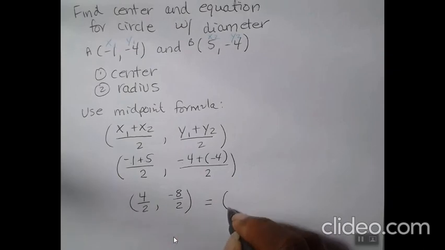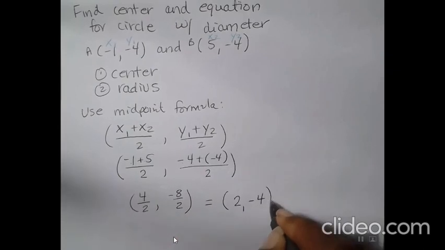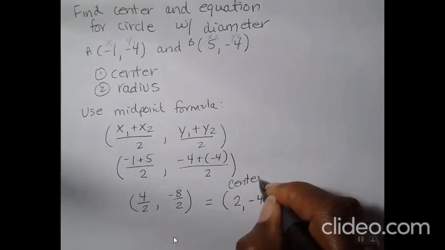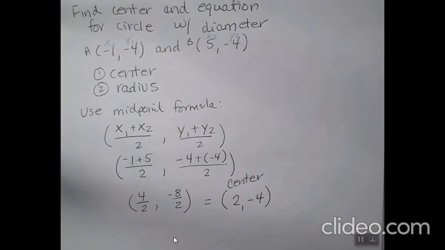So this equals 2, -4. This is the center of the circle. We used our midpoint formula in order to find the center of the circle.